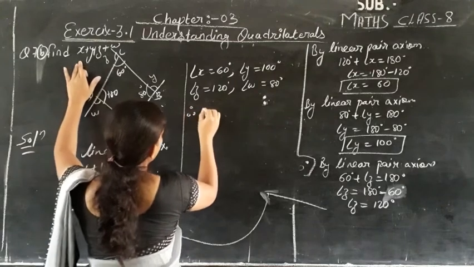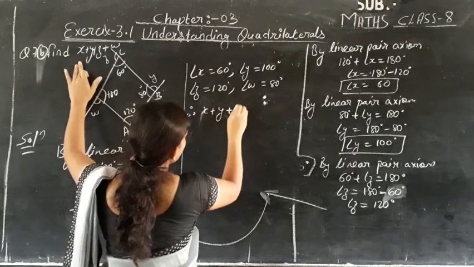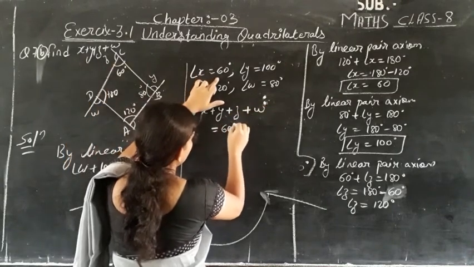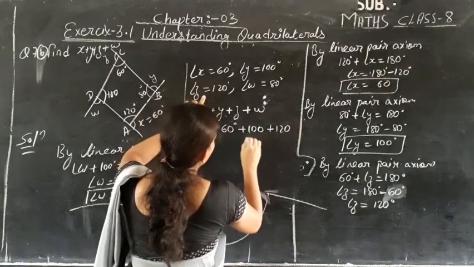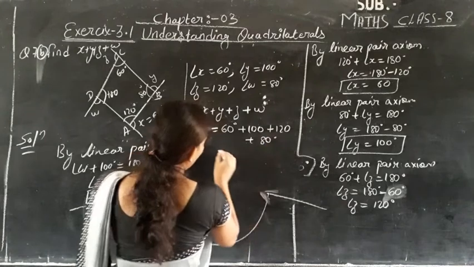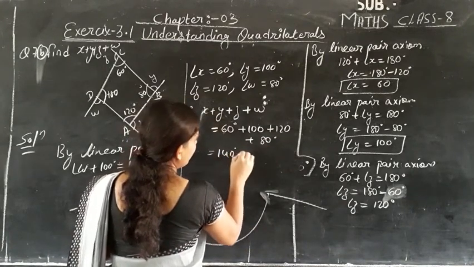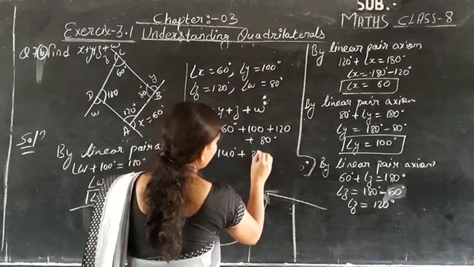So therefore x plus y plus z plus w. Add all the angles, that is 60 plus 100 plus 120 plus 80. So 60 plus 80 will be how much? 140 degree. Then 100 plus 120 will be 220.